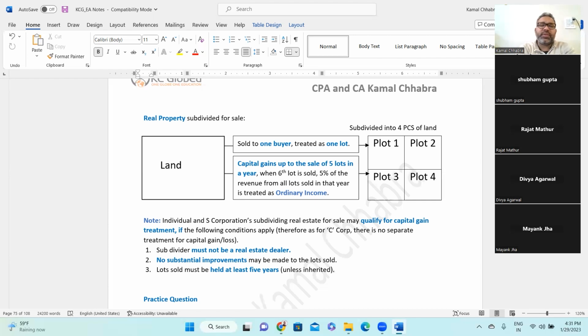That means if you are subdividing that piece of land, you are cutting that piece of land, but it's not your routine business, you are not a real estate dealer, right? Then it is okay. And no substantial improvement may be made on the lots which you have sold.